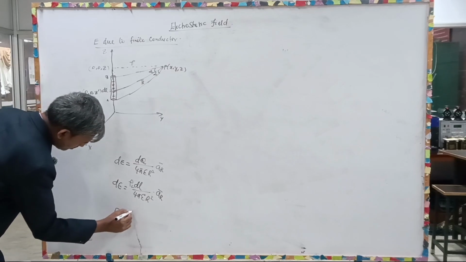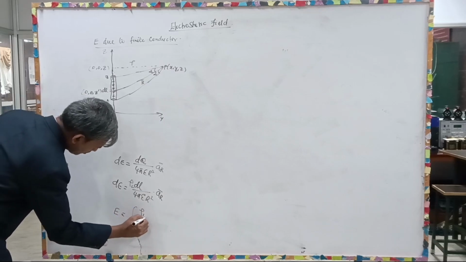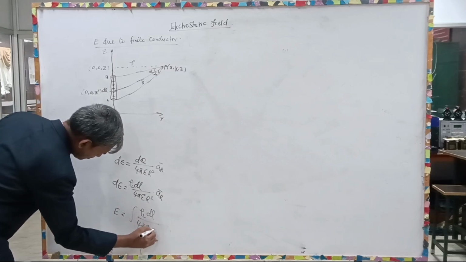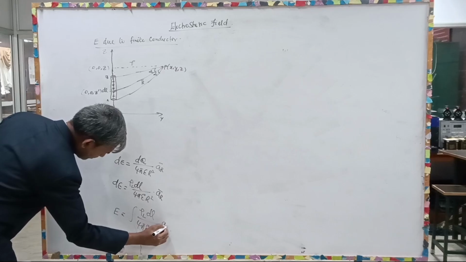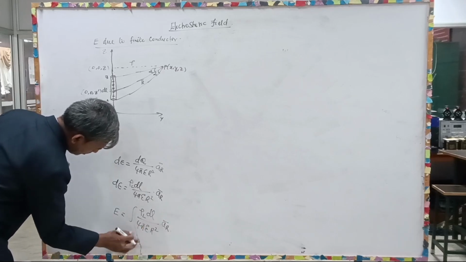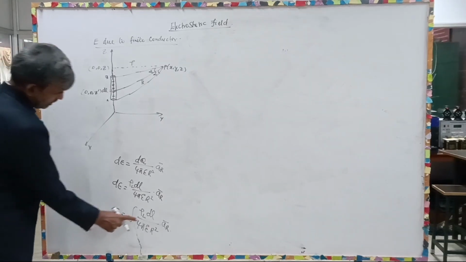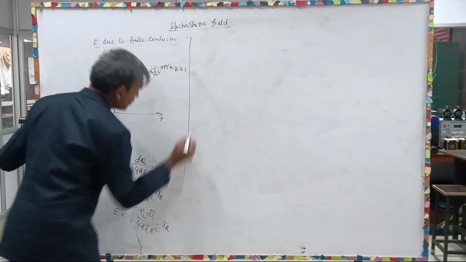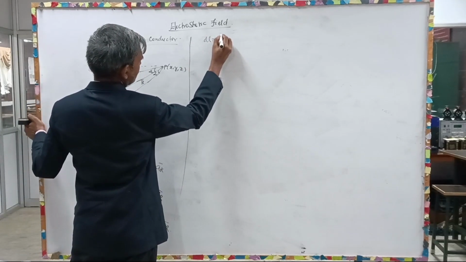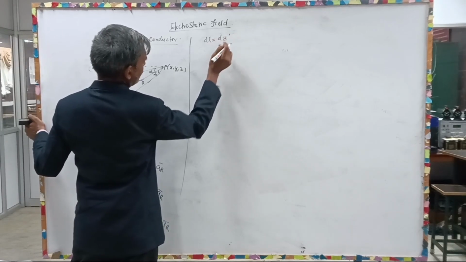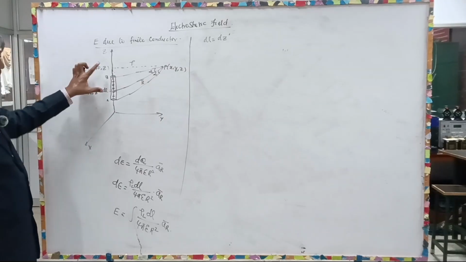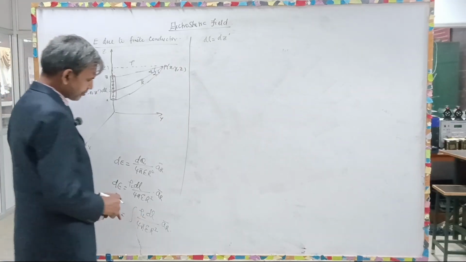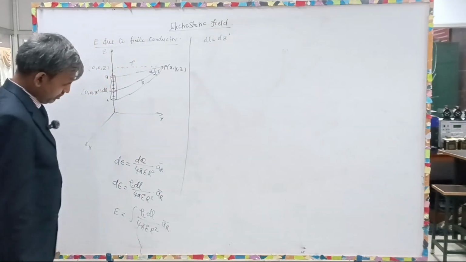So E is equal to the line integral of rho L dl divided by 4 pi epsilon r square along the unit vector AR. Here the length dl is equal to dz dash, because the conductor is placed in the z direction. That's why dl will be taken as dz.